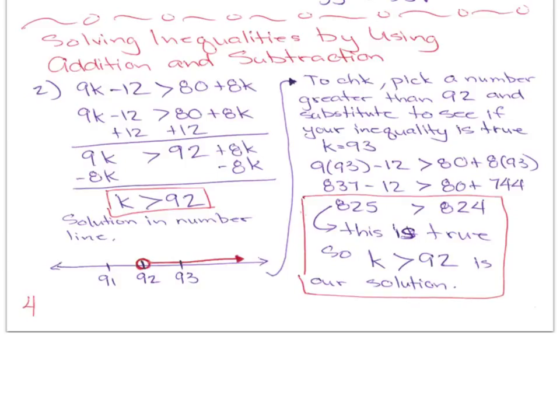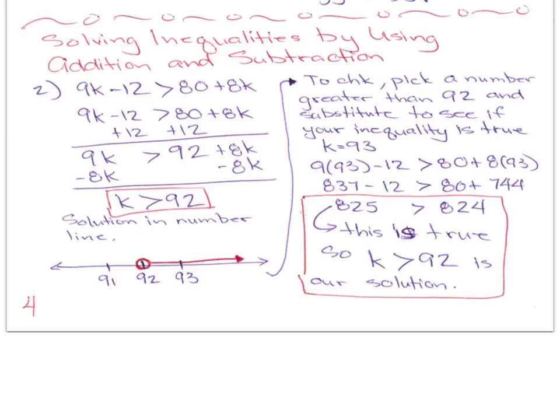So in this case, because it's just a greater than symbol, there's no equal to, it's just greater than, you use a hollow circle or just a circle to plot it. So there's the 92. Because it's greater than 92, we're going to go to the right of 92. That's why the arrow and the line is on that side. So this graph right here in the number line is the graph of k greater than 92.